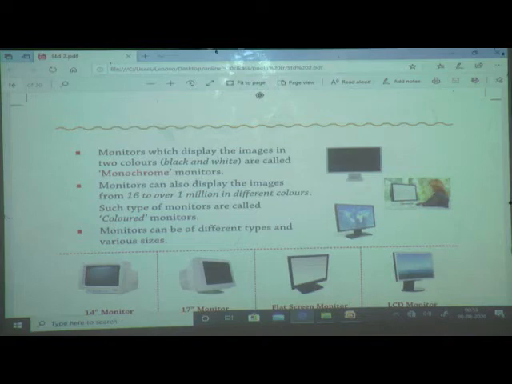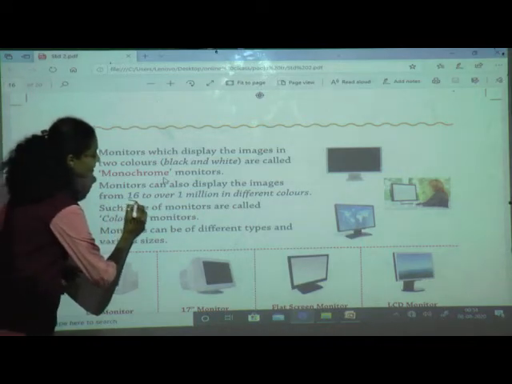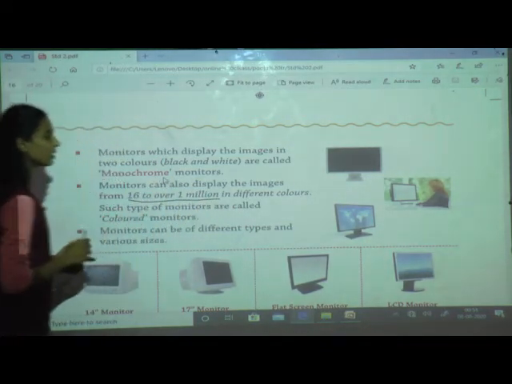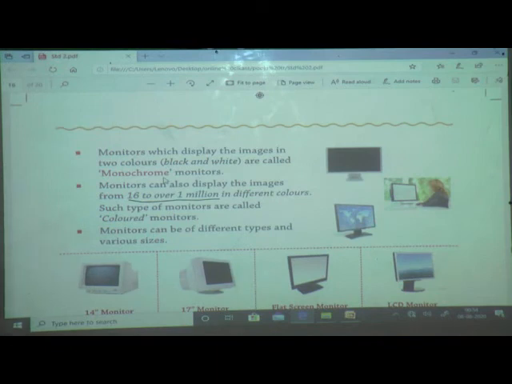Such a type of monitor is called a colored monitor. If a monitor displays only black and white, it is called a monochrome monitor. And if it displays one image in 16 to over 1 million different colors, that type of monitor is called a colored monitor.